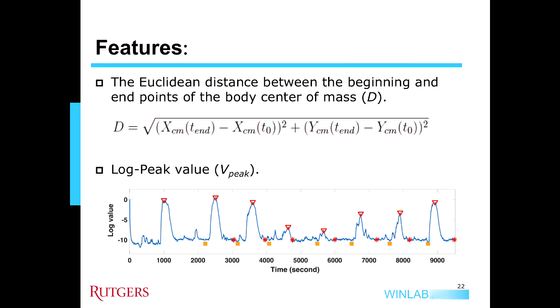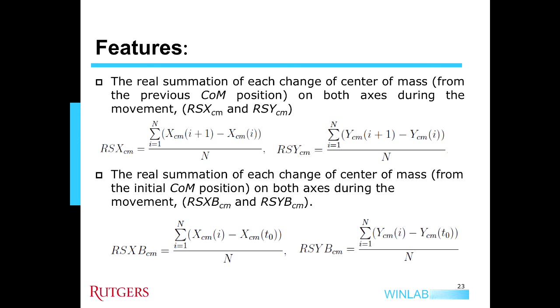We have the distance between the beginning and the end of the center of mass, and we have the peak value as features, and we have some other features. I'll go briefly with that, which is the real and the absolute and the square summation of the x-axis and the y-axis differences of the body center of mass during the movement.